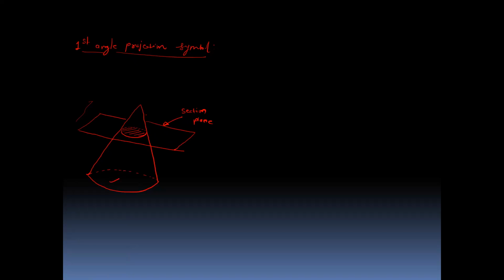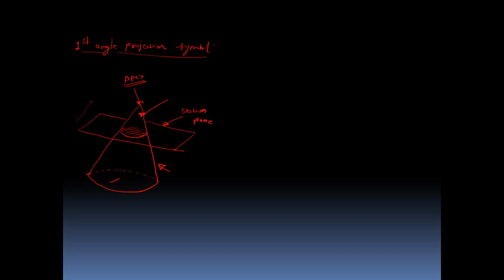Okay, and then we will remove this portion, that is the portion which is nearer to the apex. So this part is called as apex. Okay, so we will imagine this portion is removed, which is above this section plane, and we will retain the remaining portion. And for the remaining geometry, we will prepare the front and side view. So that will become the symbol of the first angle and third angle projection.